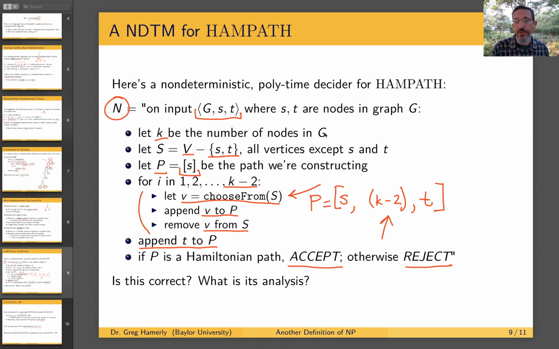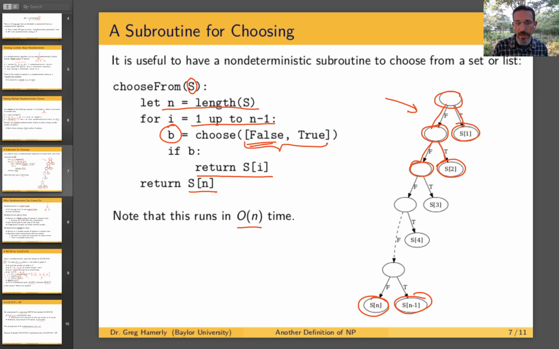Counting the number of nodes in G can be done in polynomial time. Constructing a set of all those vertices can be done in polynomial time. And then this loops k times, or n times for n vertices, or k times for k vertices on that order. And each of these operations is going to be an order k operation, because remember that this algorithm back here takes order n time.